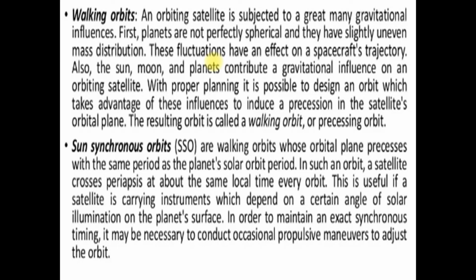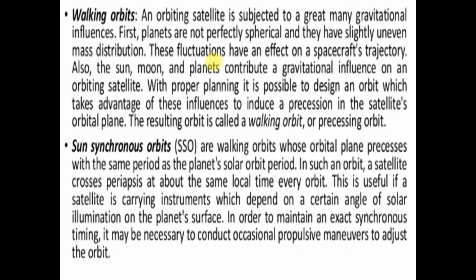Then heading to walking orbits. An orbiting satellite is subjected to a great many gravitational influences. First, planets are not perfectly spherical and they have slightly uneven mass distribution. These fluctuations have an effect on the spacecraft's trajectory. Also, the Sun, Moon, and planets contribute a gravitational influence on an orbiting satellite.